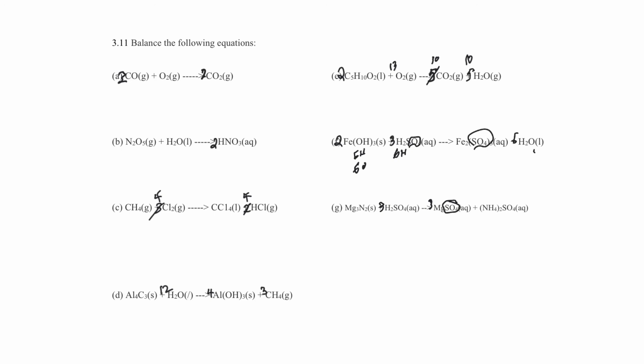So what else do I have? I'm going to do hydrogens. 2 times 3 is 6 on the left, and 2 times 4 is 8 on the right. So that means I'm going to have to finagle just a bit.